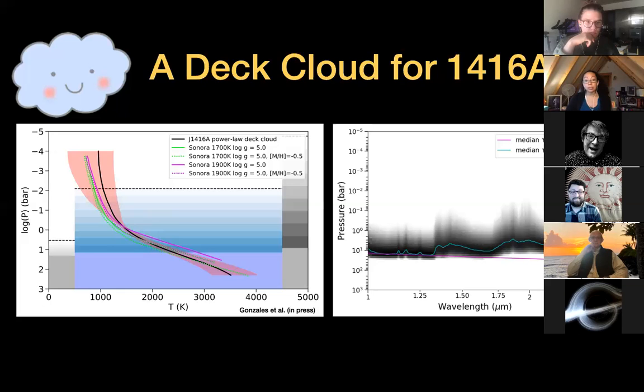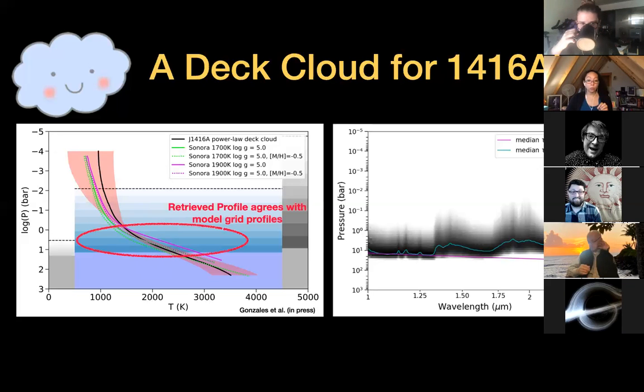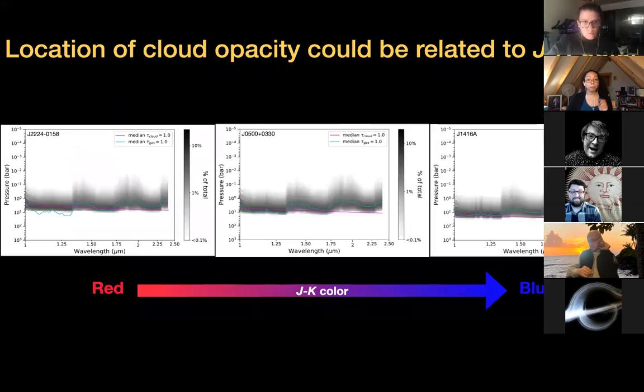To place this in context with other L dwarfs that have been retrieved using Brewster, we looked at the contribution function for the ones in Burningham et al. 2017. They have a very red object, J1224, and then a field object, J0500.